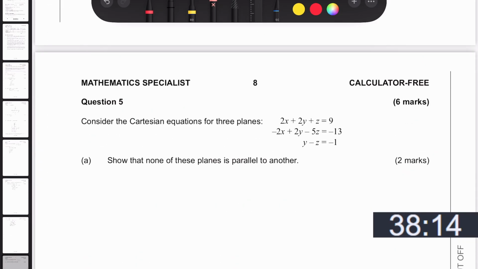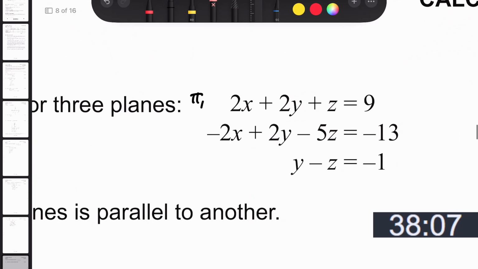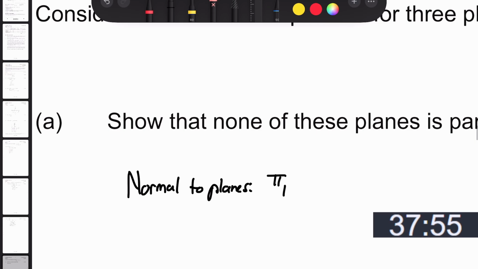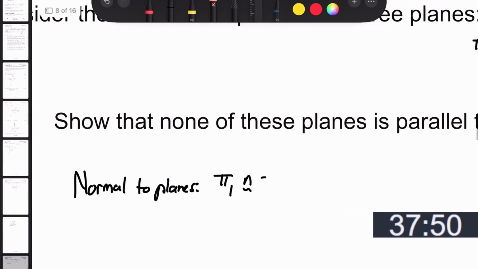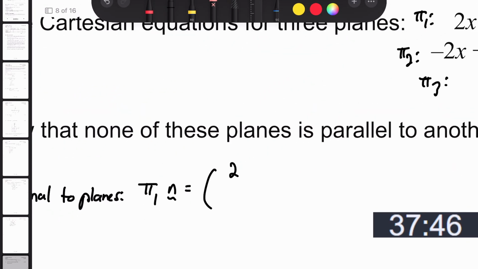Consider the Cartesian equations for the 3 planes. Let's say this is plane 1, plane 2, and then plane 3. Normals to the planes. Plane 1 normal is equal to 2, 2, 1.